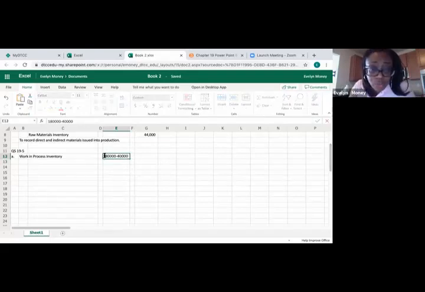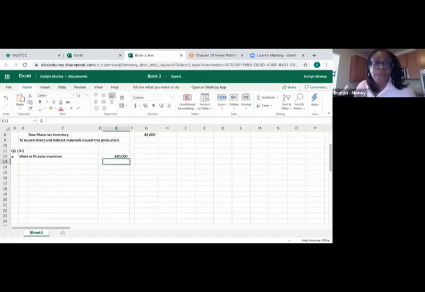So when it comes to labor, and even when it comes to materials, sometimes you have to be careful because the problem will not explicitly give you the numbers. In this example, I was given indirect labor, but I was not given direct labor.